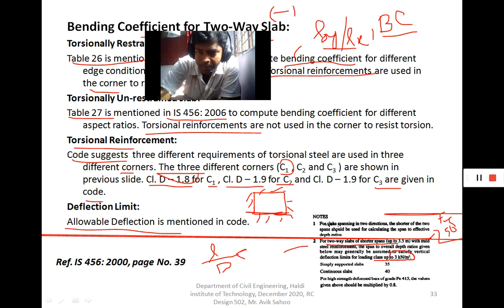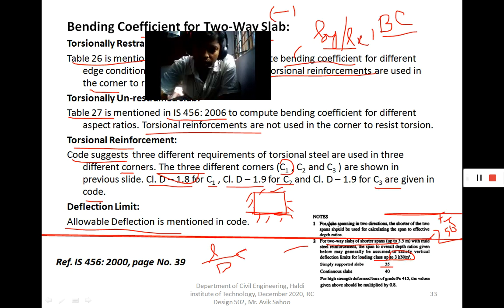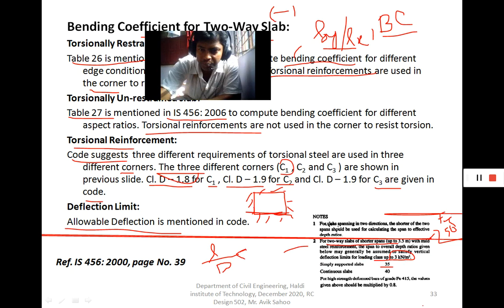Loading class means the live load. Up to 3, for simply supported slab the deflection limit is 35 L by D ratio, and for continuous slab the deflection limit is 40.